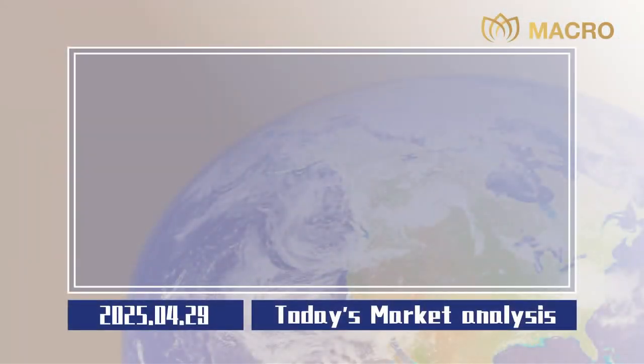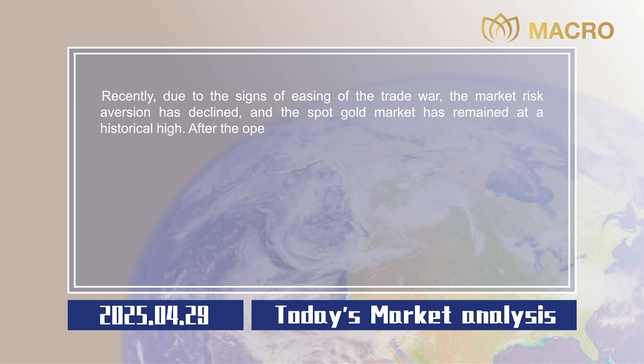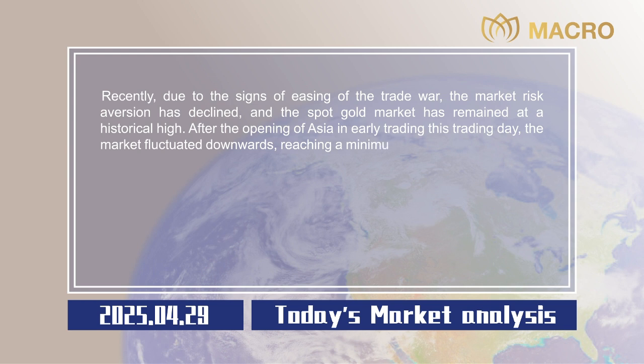Market analysis. Recently, due to signs of easing of the trade war, market risk aversion has declined, and the spot gold market has remained at a historical high. After the Asian open in early trading this trading day, the market fluctuated downwards, reaching a low of $3,305.18 per ounce.